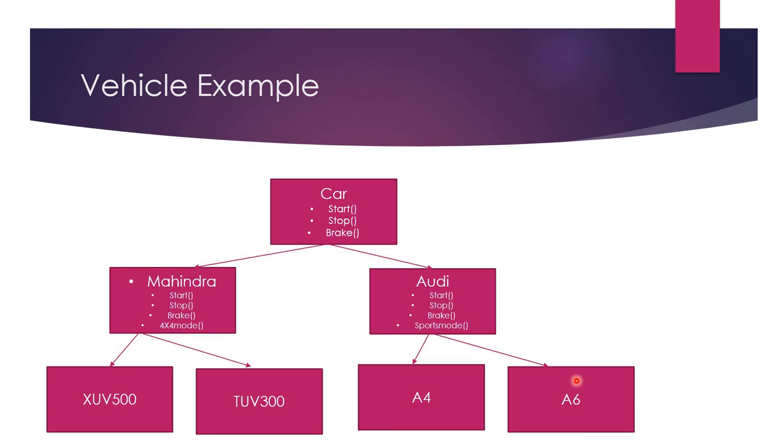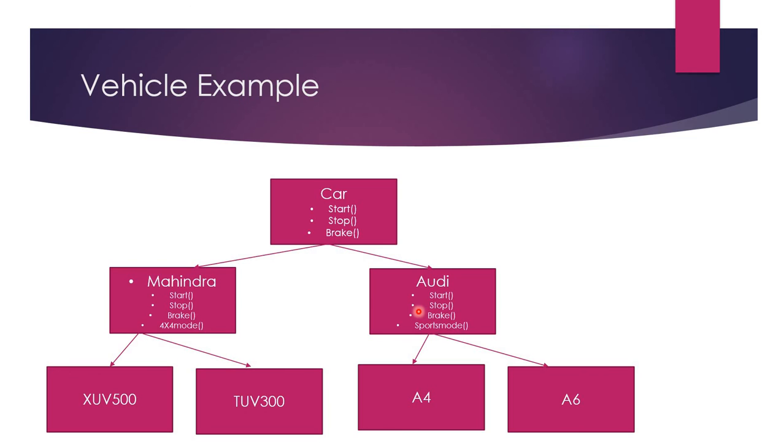Now, an advantage of this functionality is that in terms of programming, if you have written the code required to implement the start, stop, and brake methods in the base parent class itself, you don't have to write it in the other two classes that you are defining, like Mahindra and Audi. So that removes code redundancy, which was the case with procedural programs, guys, leading to functions and lines of code scattering all over the place.